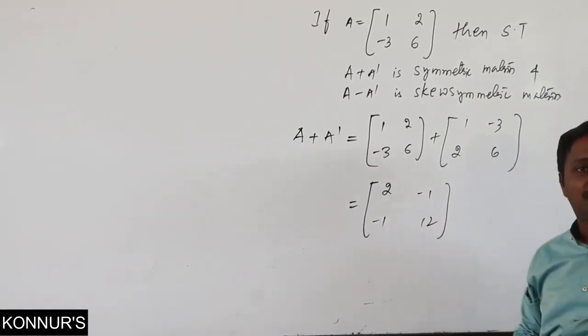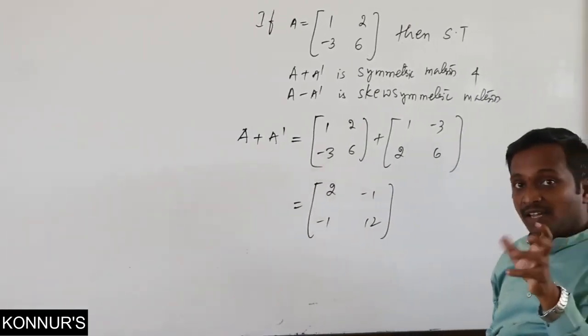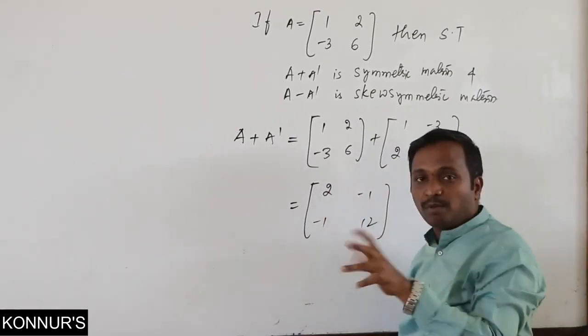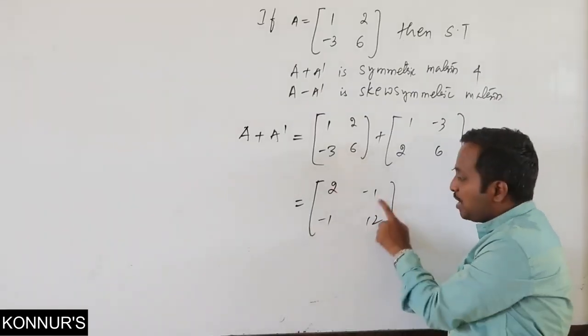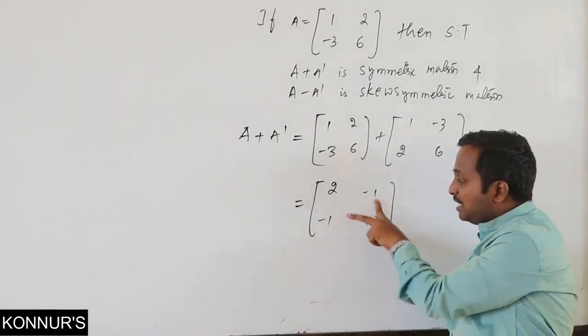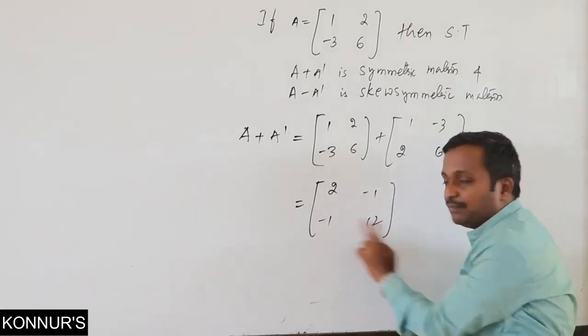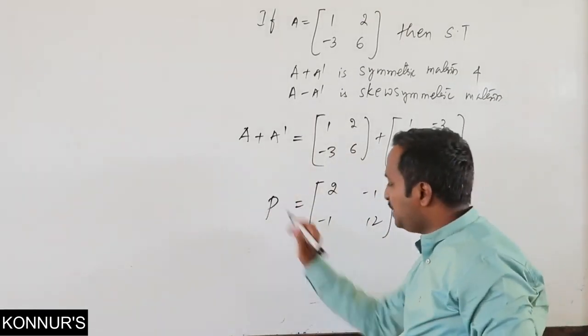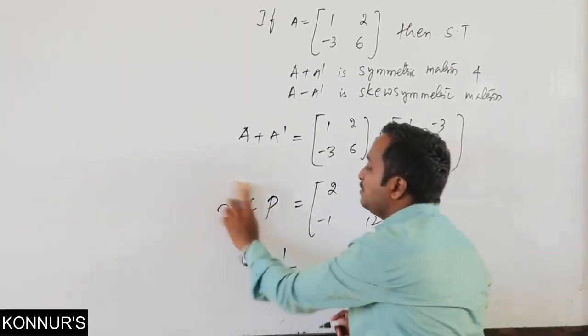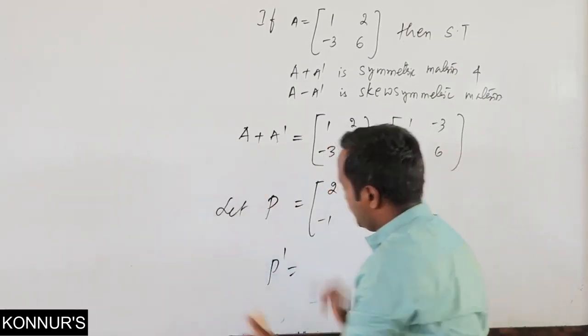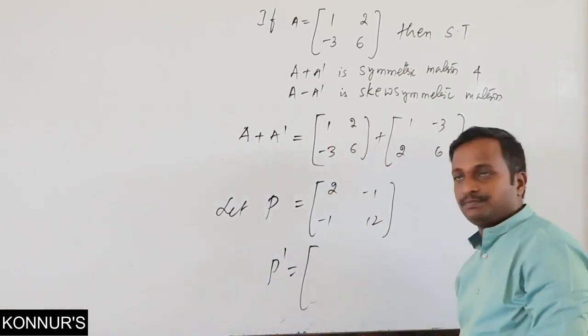Is it symmetric? I said just a few problems back, symmetric is what? Except for the diagonal elements, the others are the same. Or else let us take this as P. Which one? A plus A dash I will take as P. P dash becomes what?